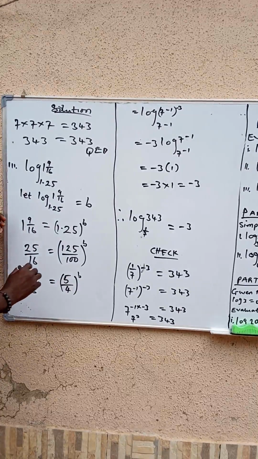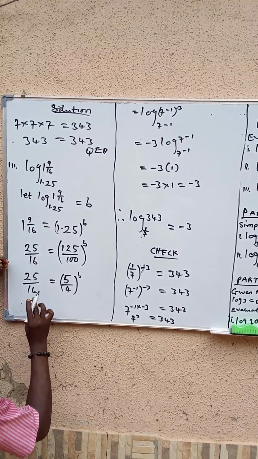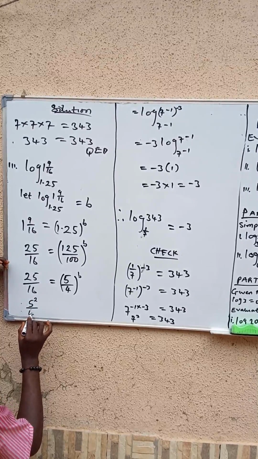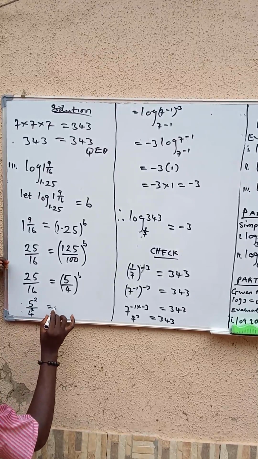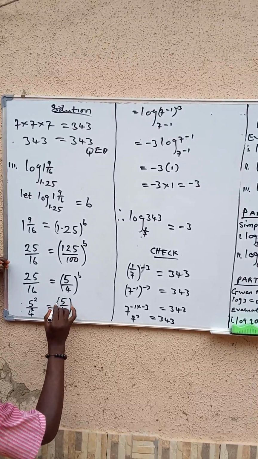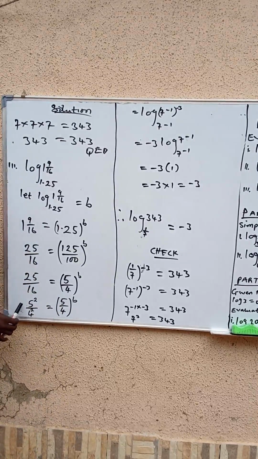If I write it like this, that is 5 squared over 4 squared is equal to 5 over 4, all raised to the power of b. Why I say 5 squared? 5 times 5 is 25, and 4 times 4 is 16. So 5 squared is 25, 4 squared is 16.